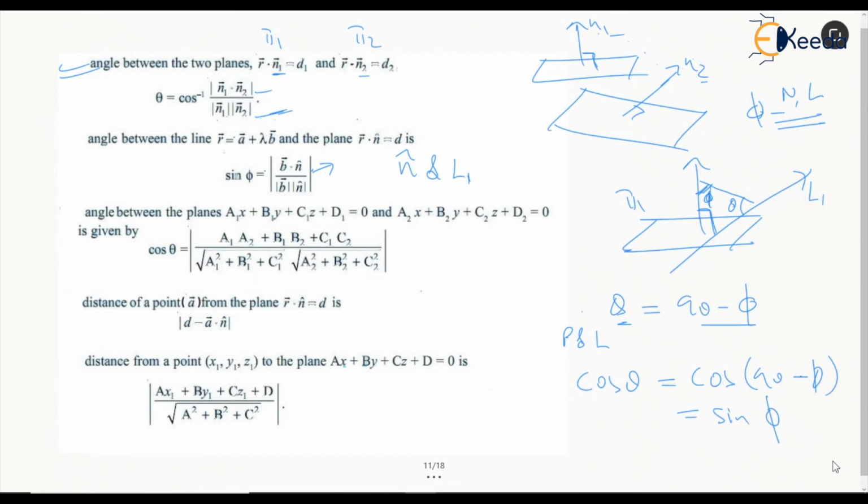So instead of cos phi, we take sin phi of the dot product, right? And if we need the angle phi, it can be sine inverse of whatever is written on the other side. Fine. And this is the angle between the planes, again in the Cartesian form that we have read, right? The dot product, where A1, A2, B1, B2, C1, C2 are the components of the direction ratios of the line and the planes, divided by the magnitude of these direction ratios.